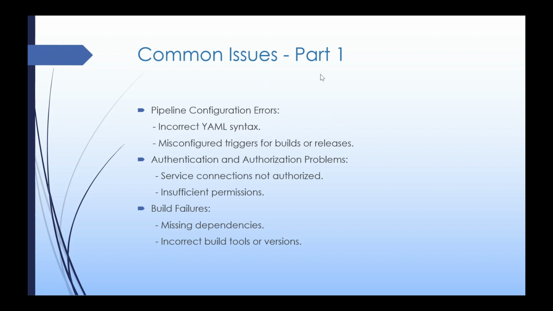In some cases, if you have misconfigured triggers for a build or release pipeline, then it will fail. Suppose you have your code in the main branch, and you have added a trigger for your build or release pipeline for a feature branch, then it might fail, right?